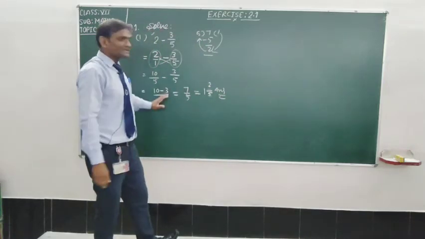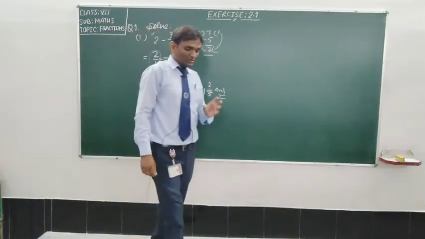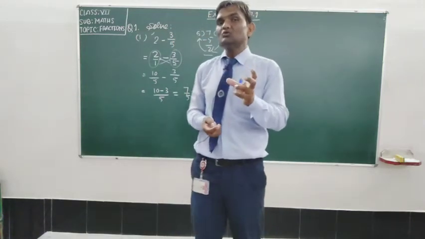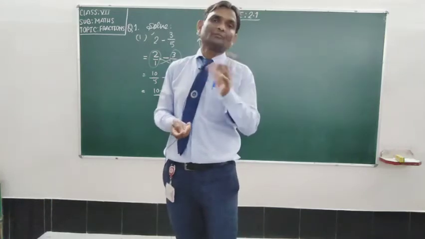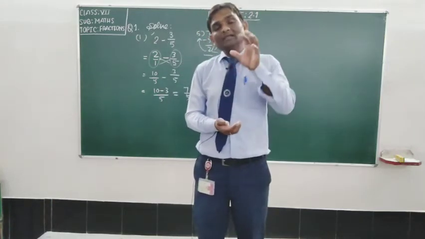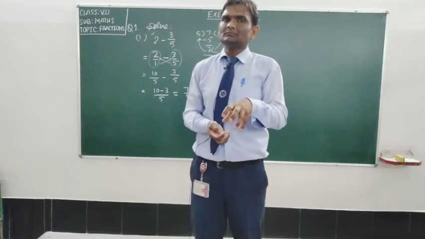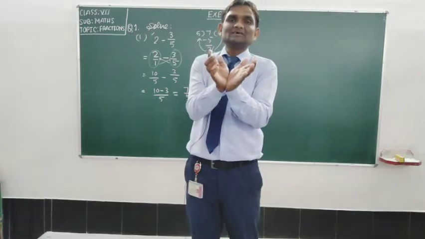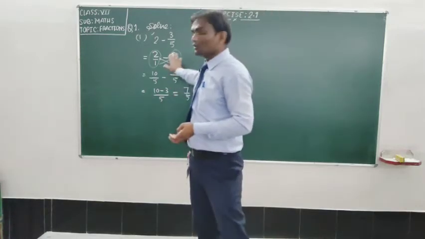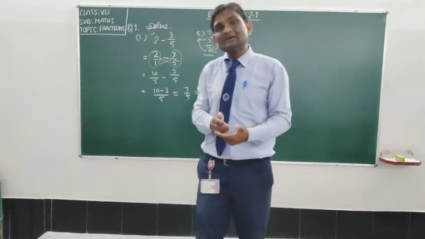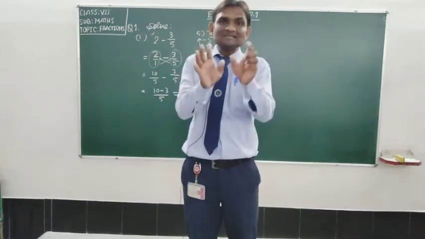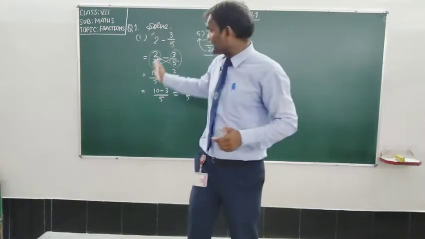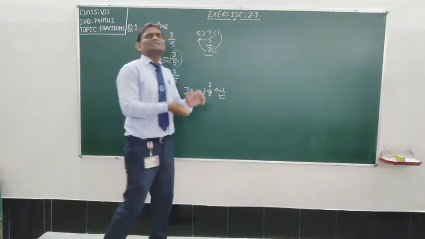So student, it's very easy. You only need to learn one thing: if you are subtracting one fraction from the other, then don't take the LCM. Only by cross multiplication you can solve your question. If you take the LCM, it's not incorrect, it is not wrong, but there is no need.